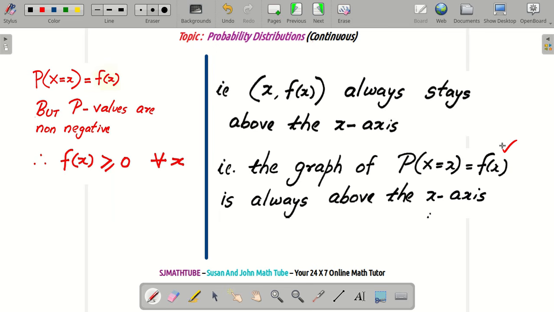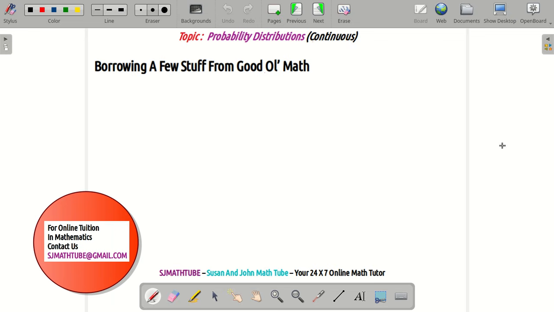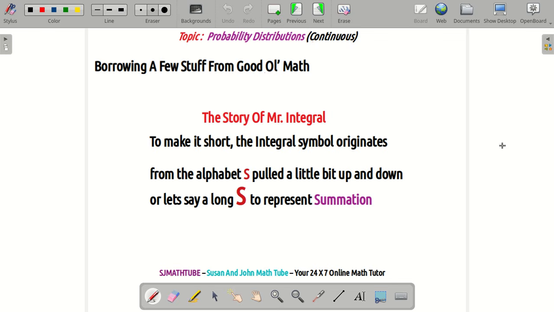I'm talking about the concepts, the graphs, what is integration, etc. So for the next few minutes, we will be discussing some basic things in mathematics, that is our integrals and functions. So let's move ahead. I'm going to borrow a few things from mathematics, and it starts with the story of our integration.